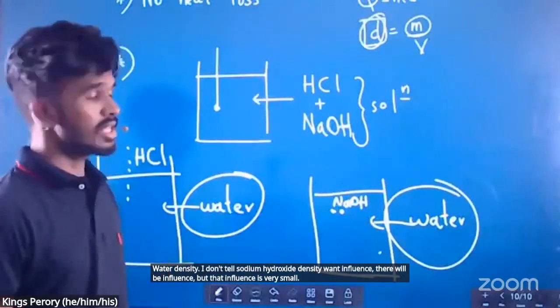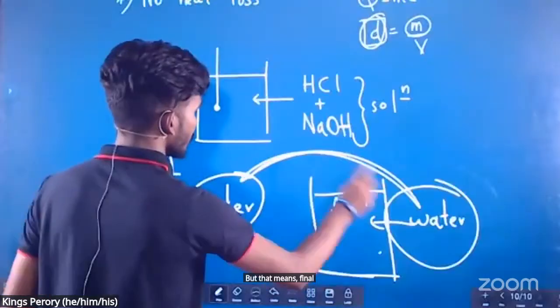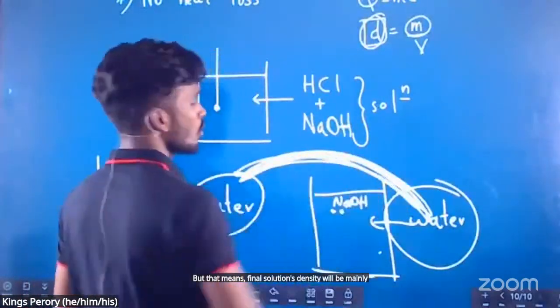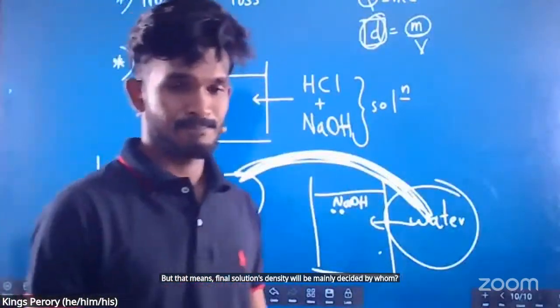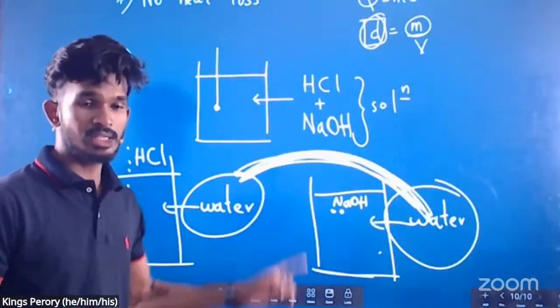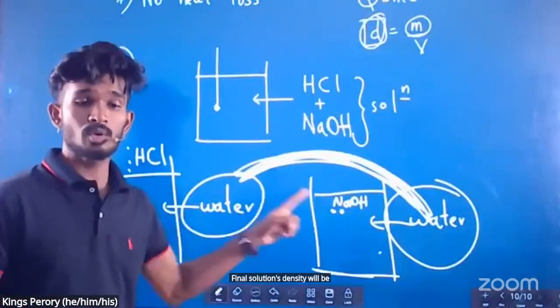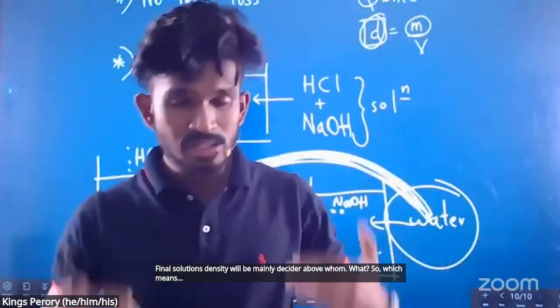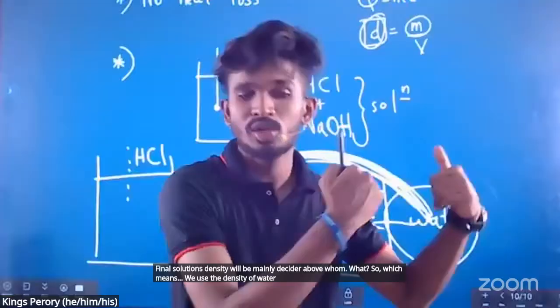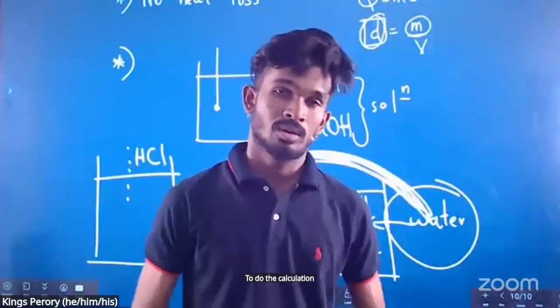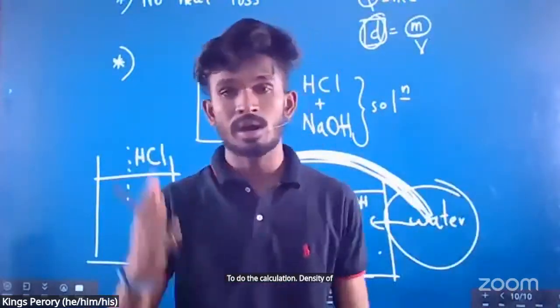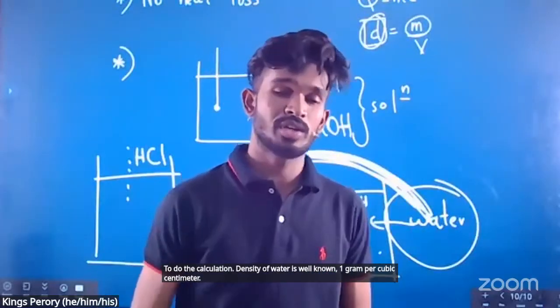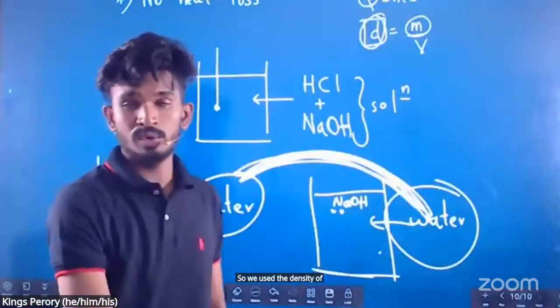So the final solution's density will be mainly decided by whom? Water. Which means we use the density of water to do the calculation. Density of water is well known, 1 gram per cubic centimeter.